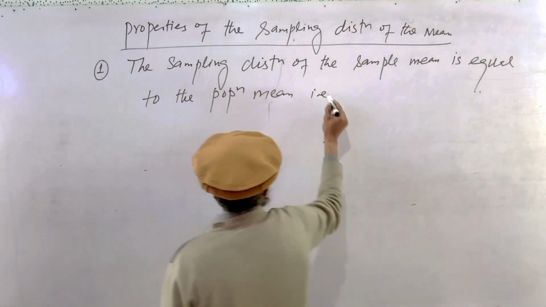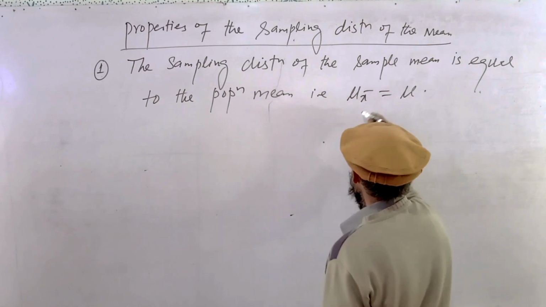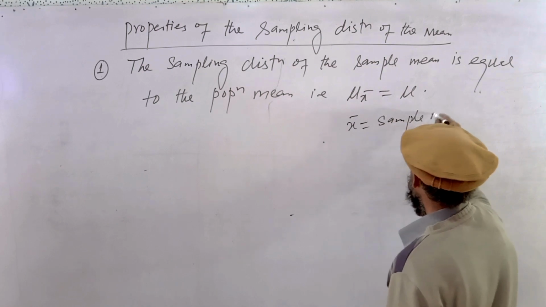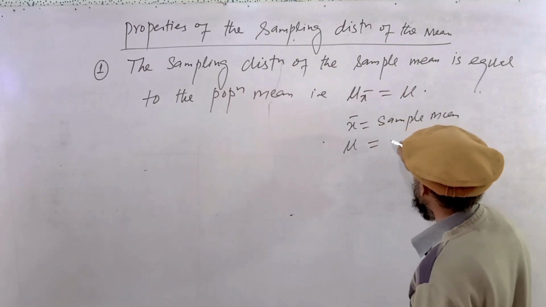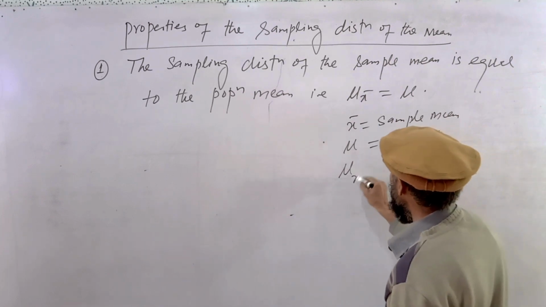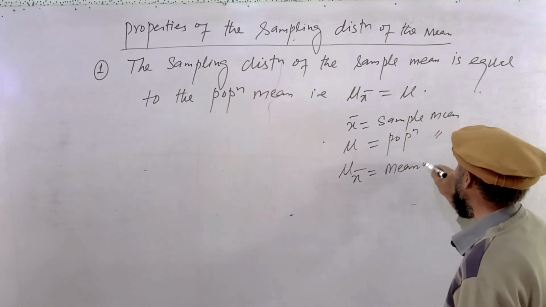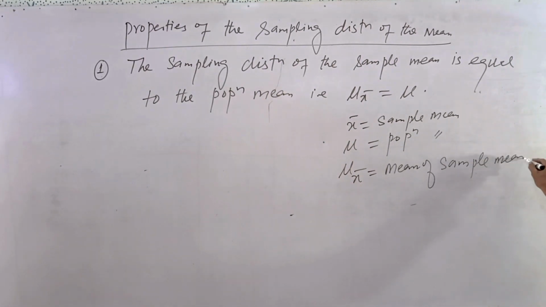That is, the mean of x bar is equal to mu. Here x bar is the sample mean, mu is called the population mean, and mu x bar means the mean of the sample mean.